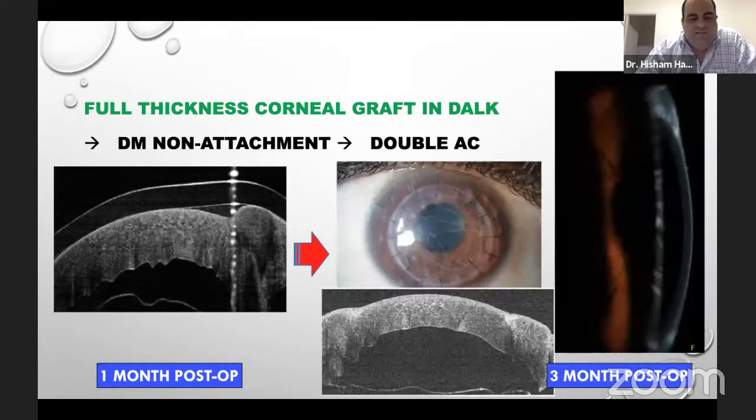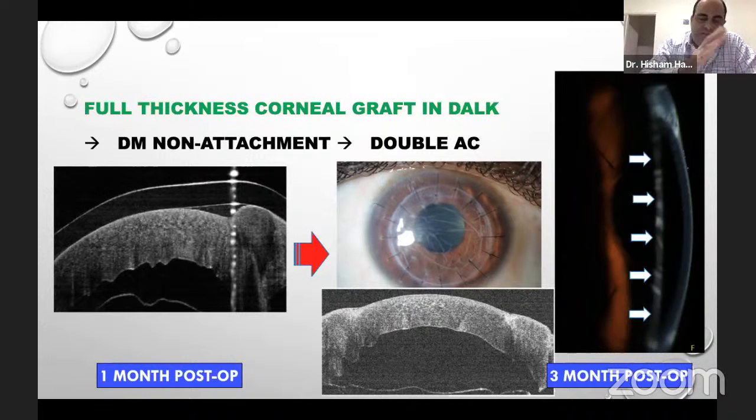As you can see in this DALC patient, the donor graft had a Descemet membrane on. Unfortunately, 1 month after surgery, Descemet membrane still has not attached, giving rise to a double anterior chamber. 3 months after surgery, the host Descemet's membrane started to fibrose, shortening the length of arc and pulling Descemet's membrane further backwards away from the graft.